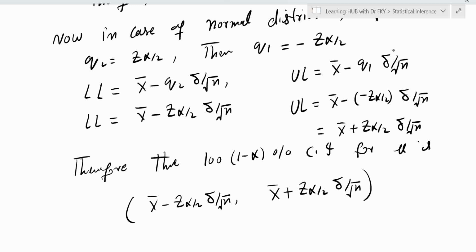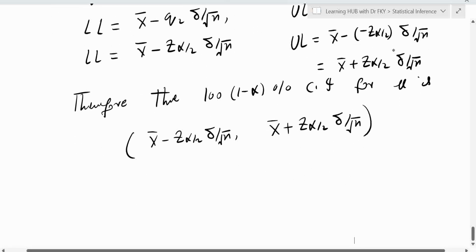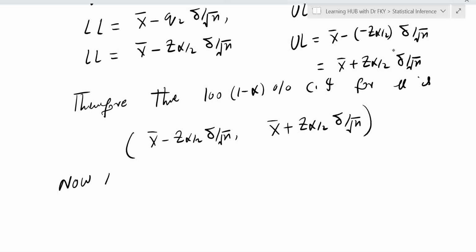So these are the two limits which you can say the 100 times 1 minus alpha percent confidence interval for mu when sigma is known.